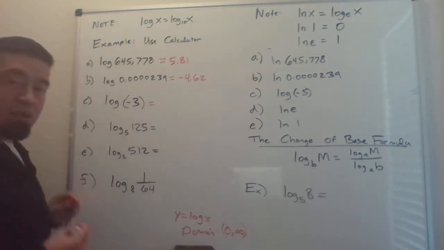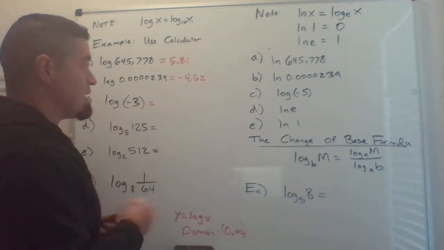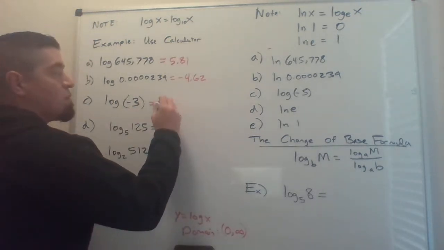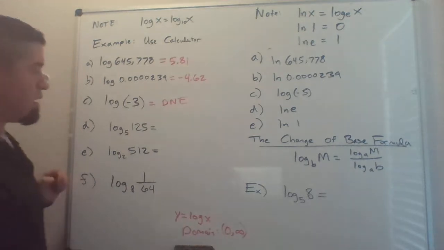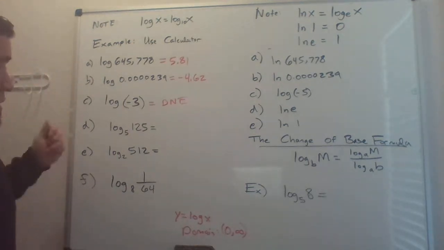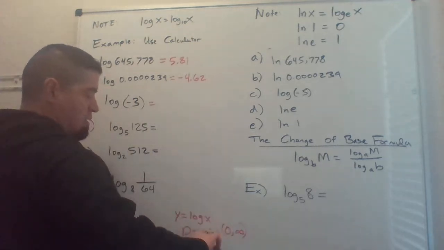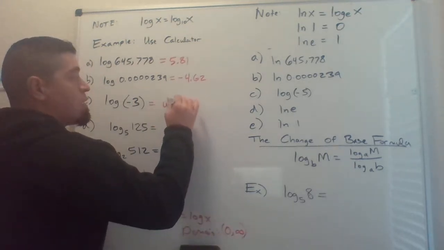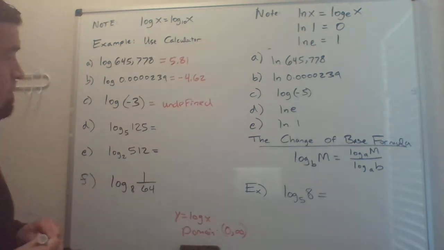That's the domain of a logarithm function. So this is not in the domain, therefore it does not exist, or we can just say not in the domain, or does not exist, either one. Or undefined as well. That'd probably be the best definition of this. But you cannot do it, because it's negative.